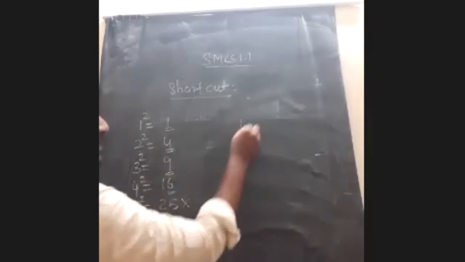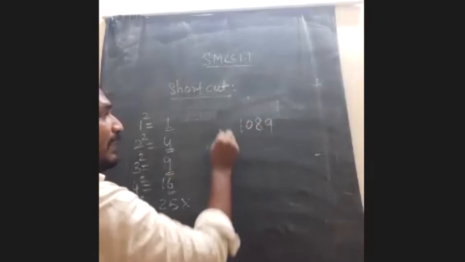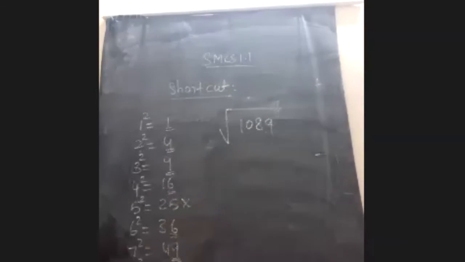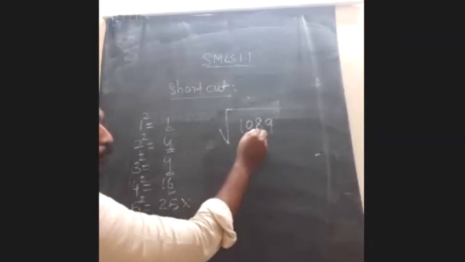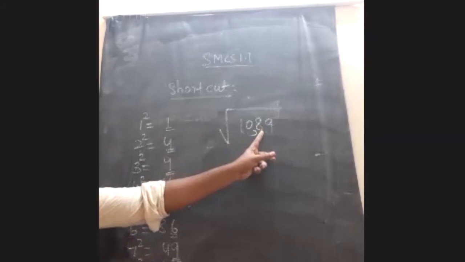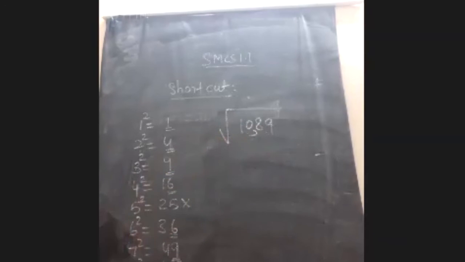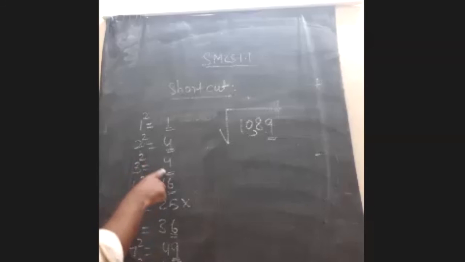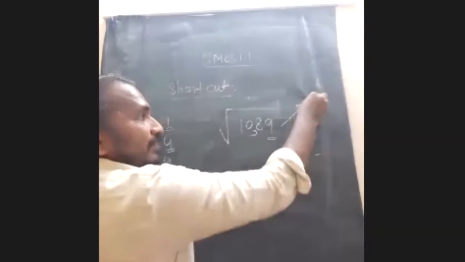Okay, dear students. The same question which we discussed the answer to previously: 1089. Step number 1, put a comma. Leave the unit digit and the tens digit, put a comma here. Okay. Then what is the last number? 9. Think about the table. 3 3s are 9. Then put 3.